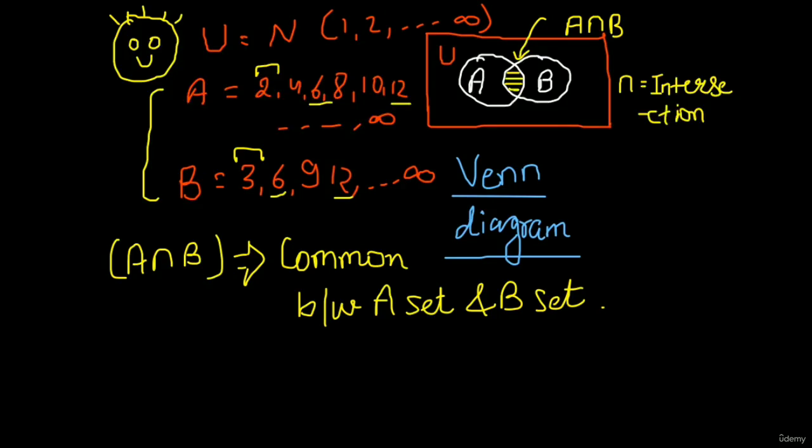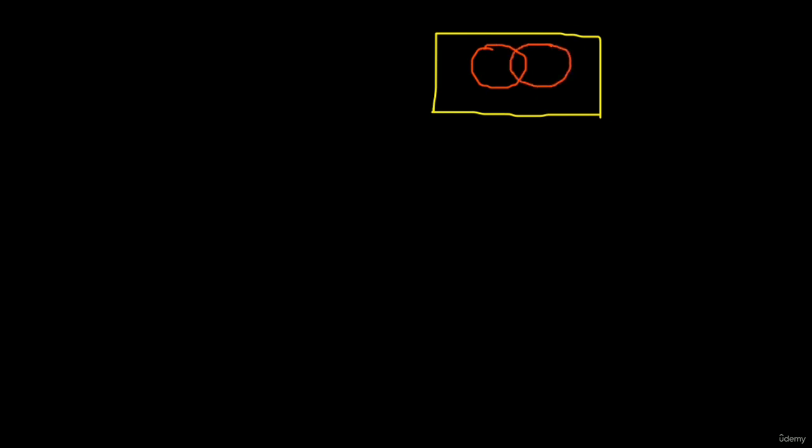Okay, so for better understanding, let's change the page here. Let's again make a Venn diagram. The Venn diagram is the diagram that we need to make for better understanding in so many problems that we used to do and calculate. Let's make our set A and set B here, and this is our universe U. Let's call it set A, and this is our set B. Let's define our sets first.